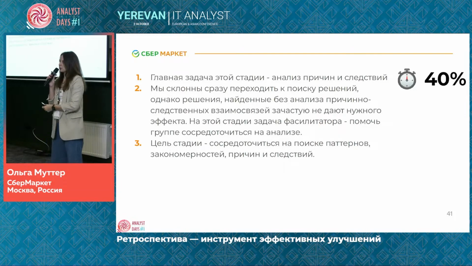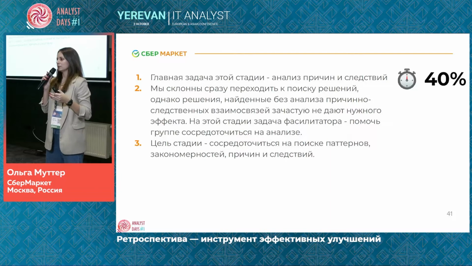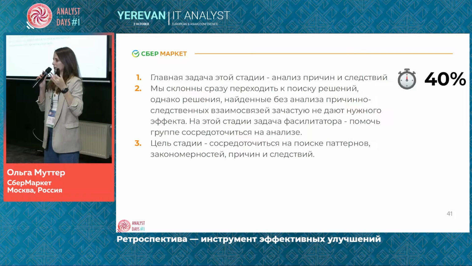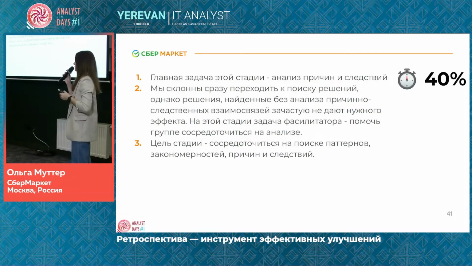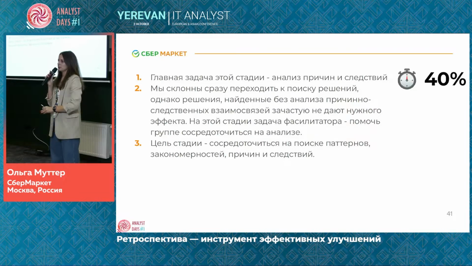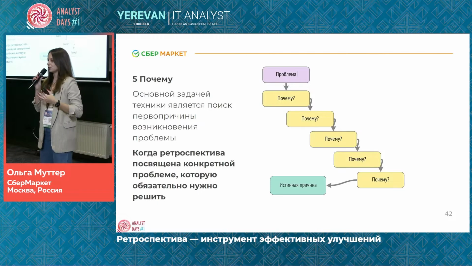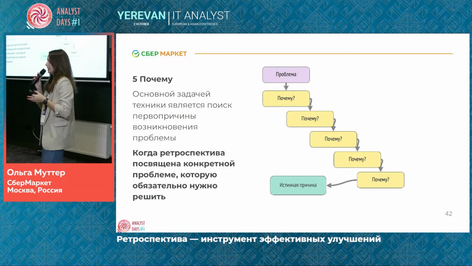Idea generation takes a lot of time. When you prioritize problems through voting, after selecting the most important problem, you analyze root causes and consequences, and you do it through a 5 why model to understand why it happened.